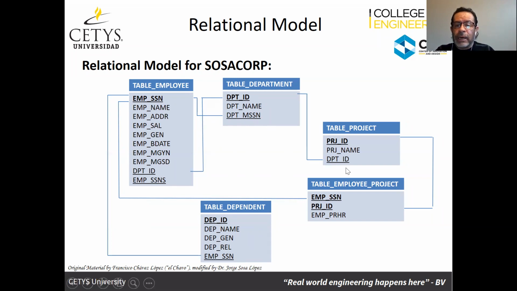So what have I done? I've added the department ID, the primary key of department, to the project table. An employee can have many dependents. What's happened here? I've added the primary key of employee into the dependent table. And notice this. Suddenly the dependent has, I've added an ID to make it not be a weak entity.